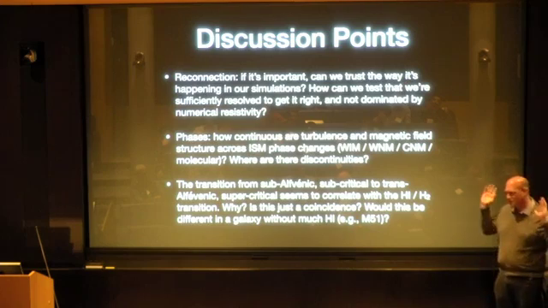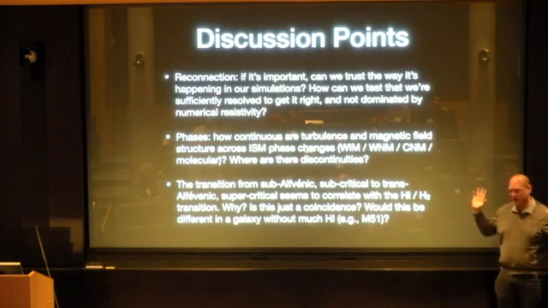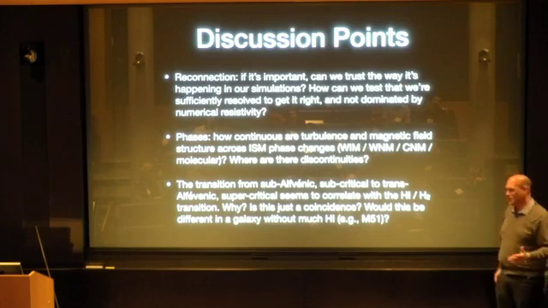So, for example, suppose I had real 3D data, all right, I knew the 3D velocity pattern. Would I see a difference in, say, the power spectrum of the turbulence in WNM versus CNM?